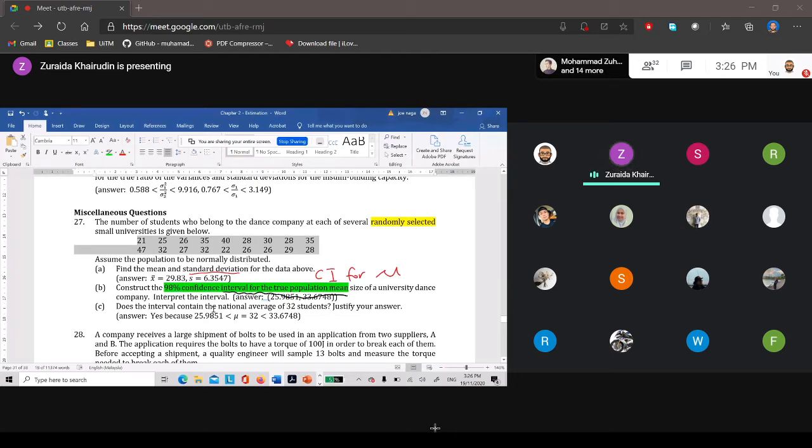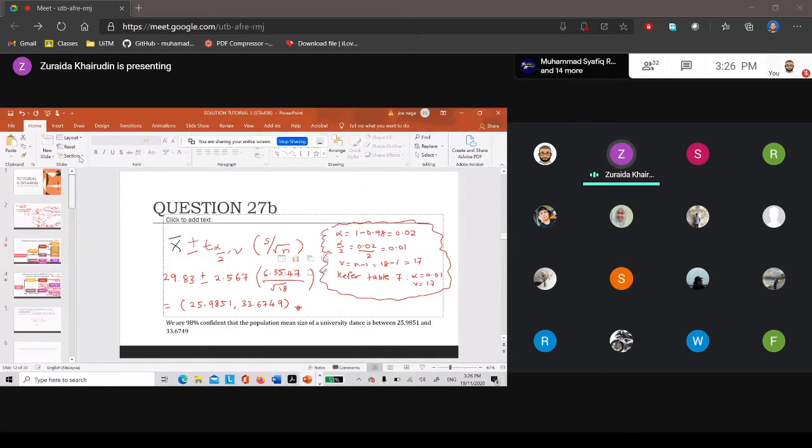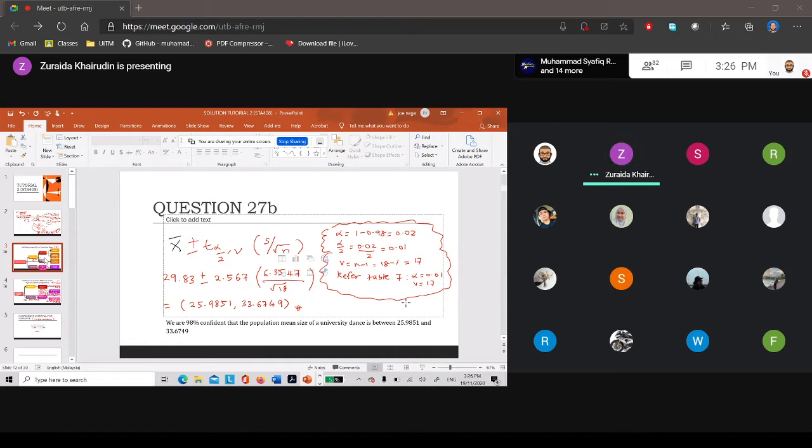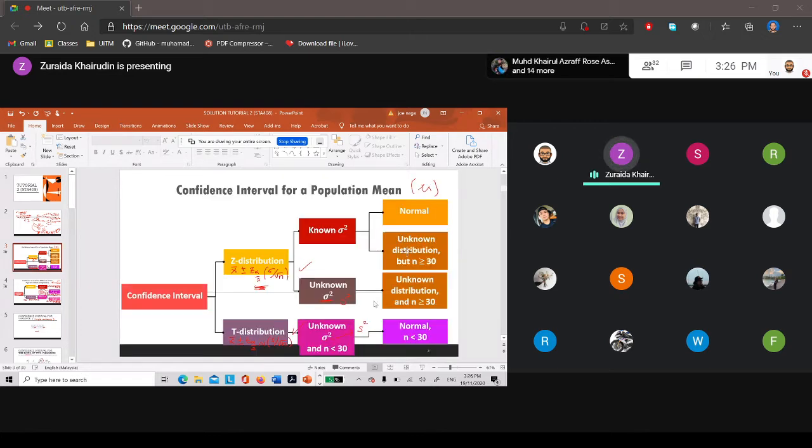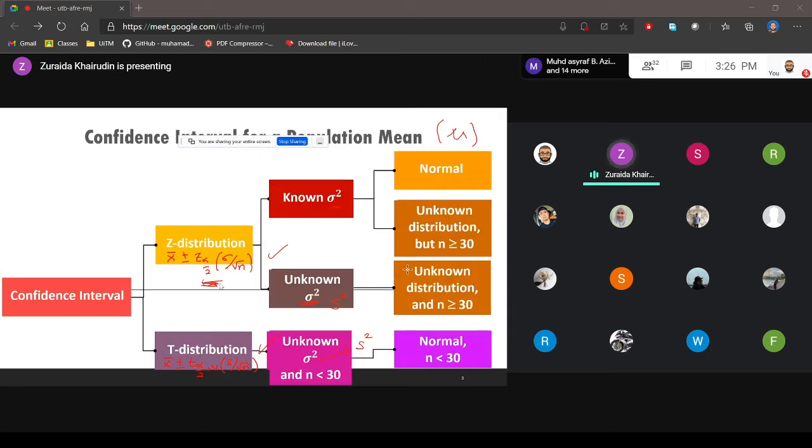So what you do is refer to my slide just now. For confidence interval for one population mean, we have two formulas here. Which formula should be used? You can see that we do not have information on sigma.